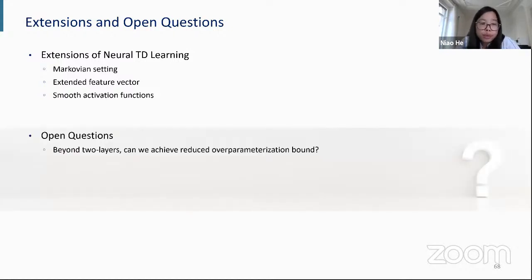There are a number of interesting open questions. First of all, all of these analyses are based on this one hidden layer neural network, just a two-layer neural network structure. Can we generalize this to multiple layer neural networks or other neural network architectures? If you use more layers, does this imply that you can further reduce the overparameterization complexity?